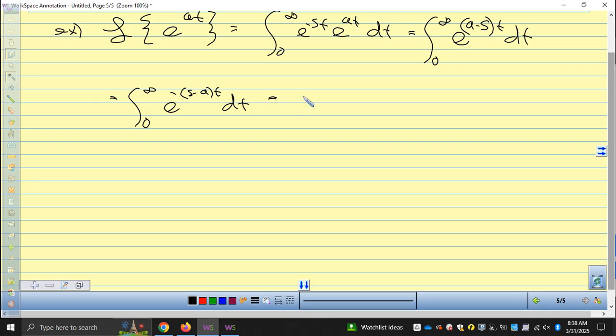So this is going to be the limit as b approaches infinity of negative 1 over s minus a times e to the minus s minus a t, and we're evaluating that from 0 to b.